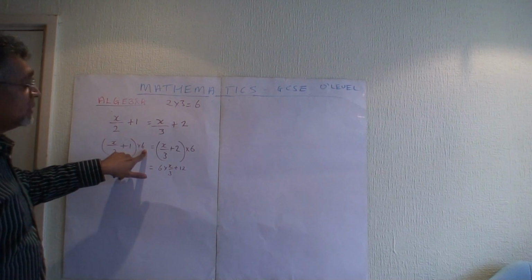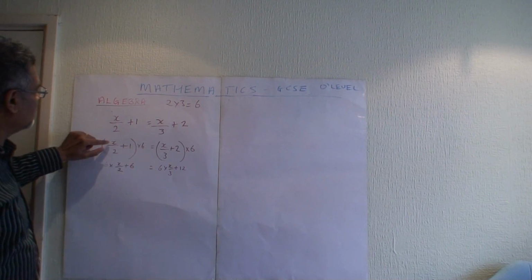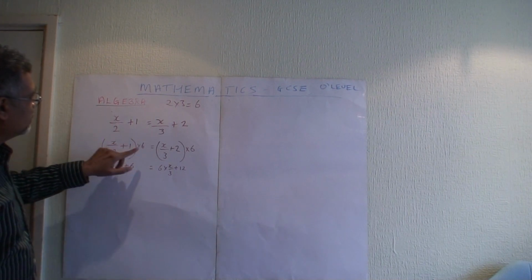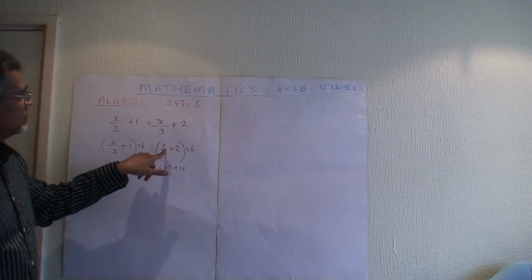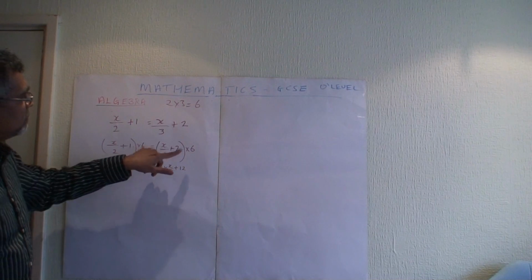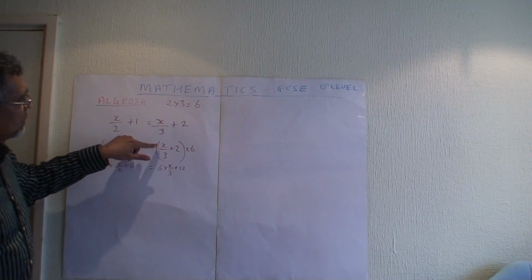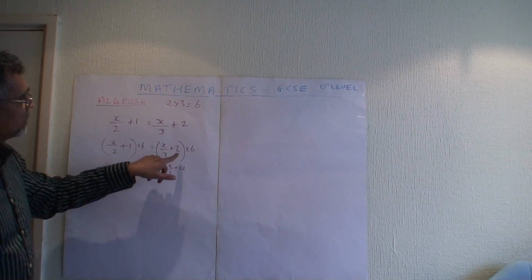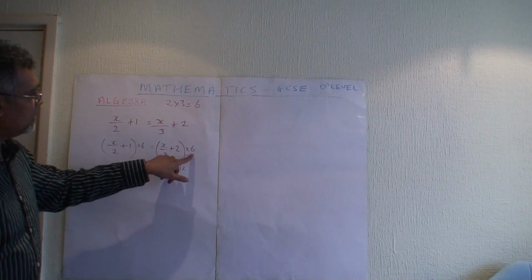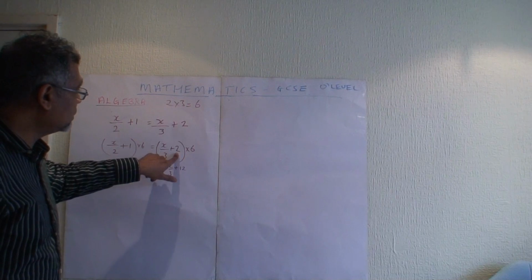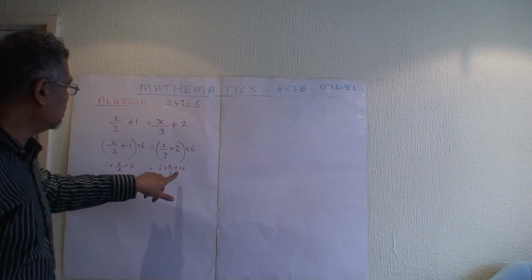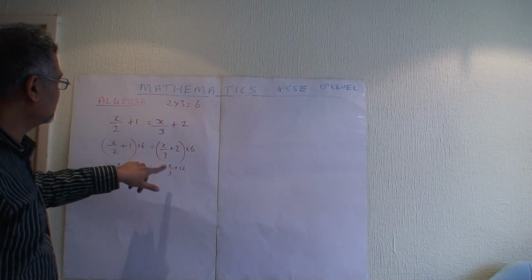We use the 6, multiply it by x over 2. We also take the 6 and multiply by the 1. Here, we take the 6 and multiply it by x over 3, which we did here. We also take the 6 and multiply it by this 2, which is plus 12, because this plus is here.